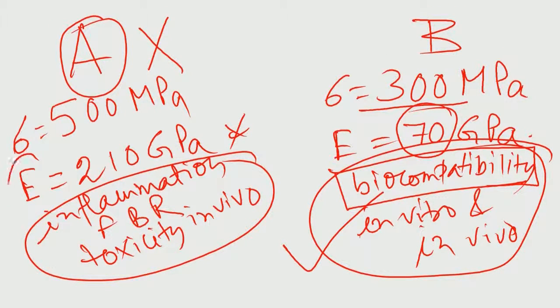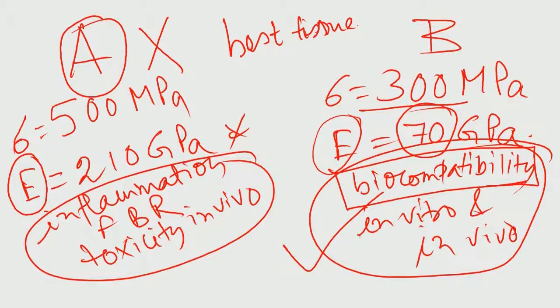Now, one more point that needs a little more discussion is the elastic modulus. Elastic stiffness essentially means the ratio of stress to strain. Why is it so important? Your material is always surrounded by host tissue or host bone structure. So, you have your implant material, and surrounding it, the shaded region, is the host bone structure.